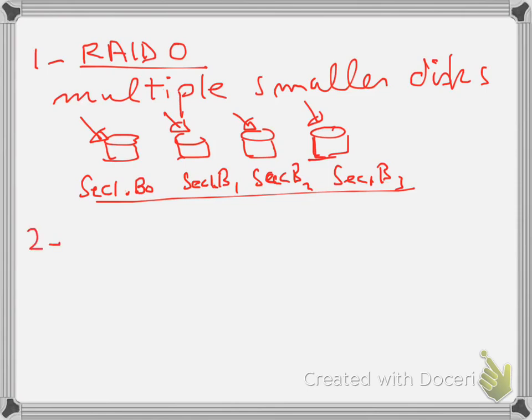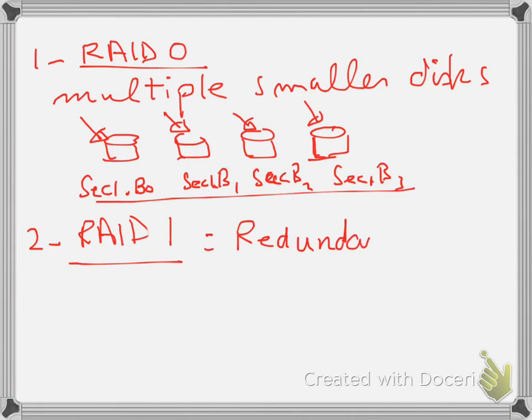Second option, RAID 1, or level 1. How will we do level 1? Basically, we do redundancy via mirroring.